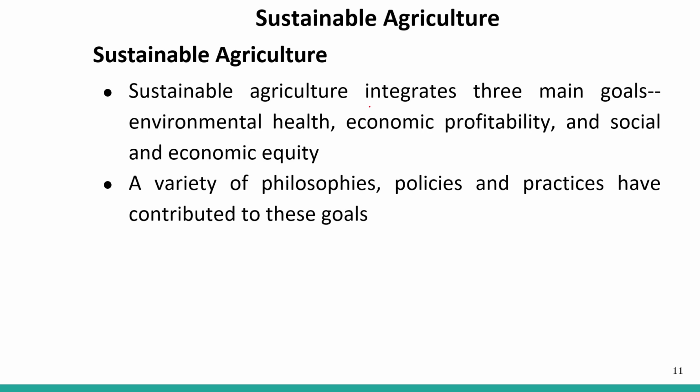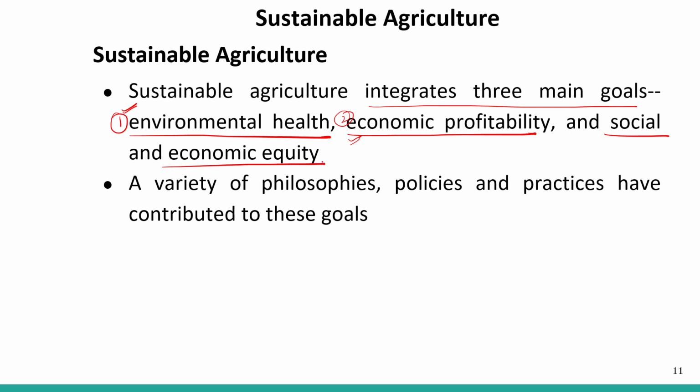Sustainable agriculture integrates three main goals. Number one, we have to take care of our environment's health. Economic profitability, meaning we must have profit from our crop growing. And socio-economic equity.